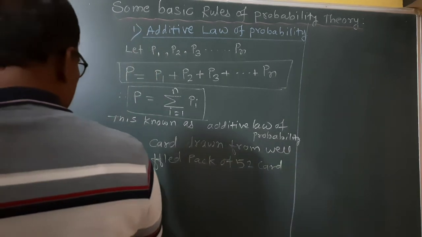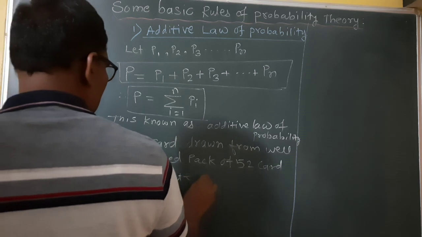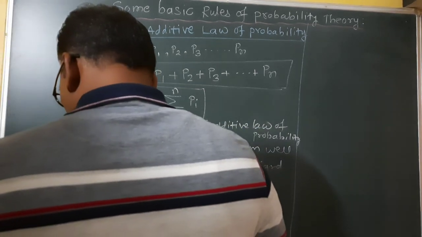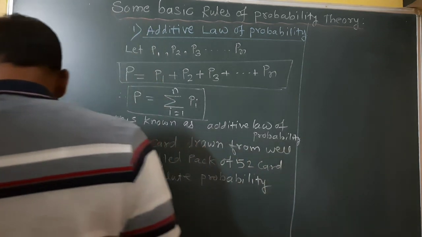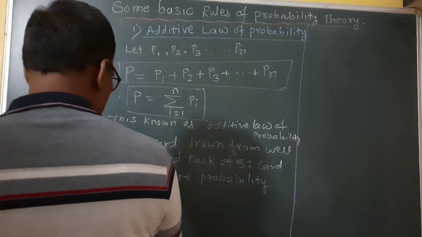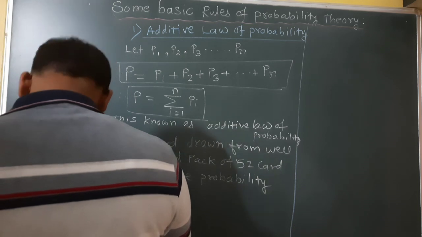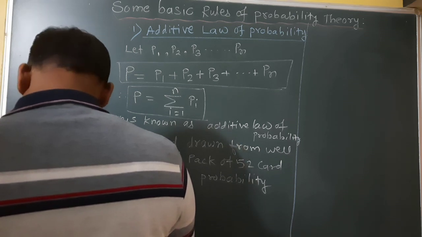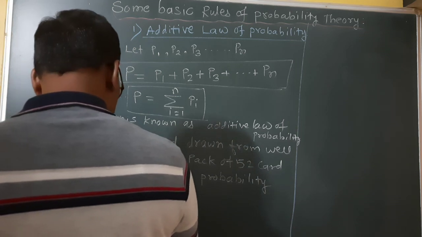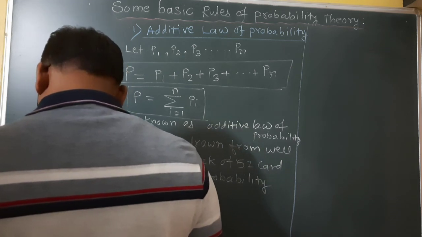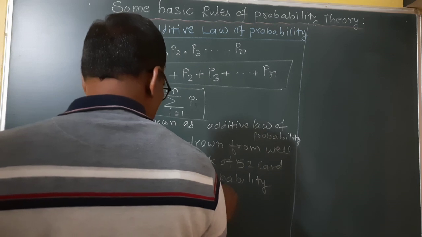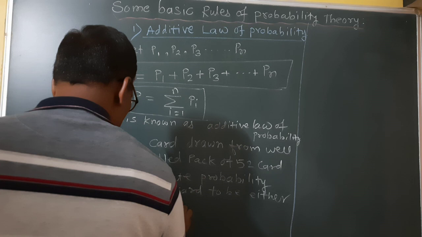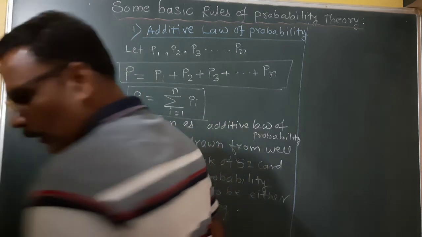Calculate the probability for this card to be either a queen or a king. This is the problem we have to consider here.